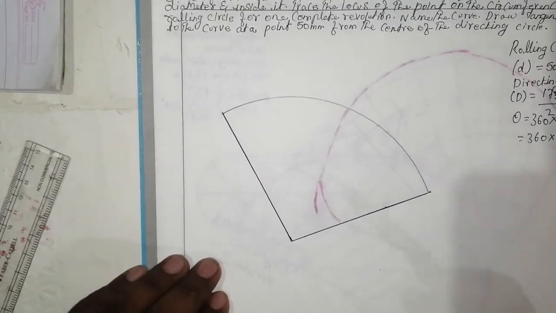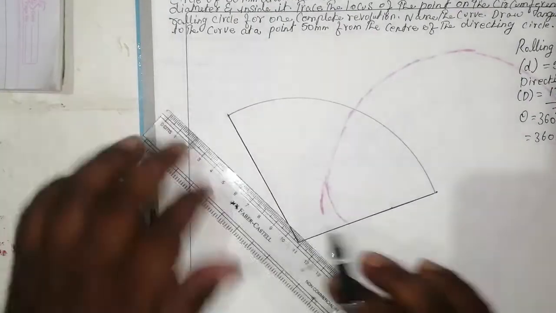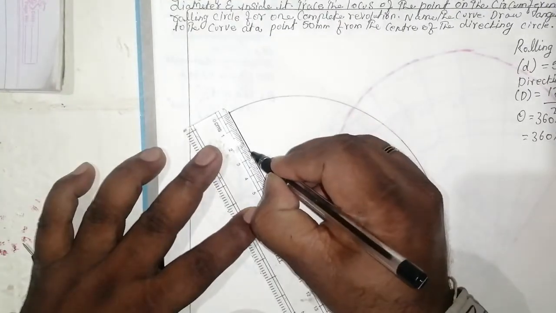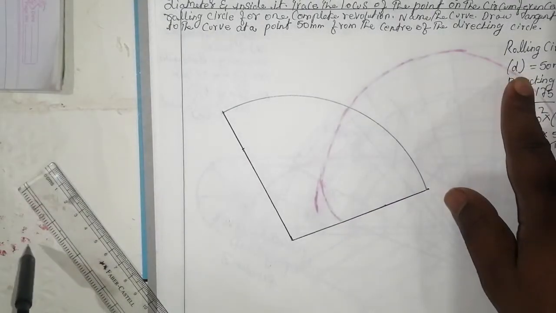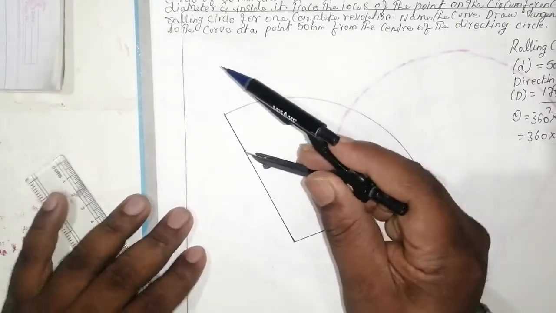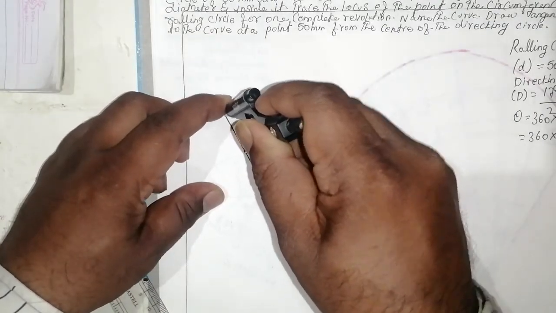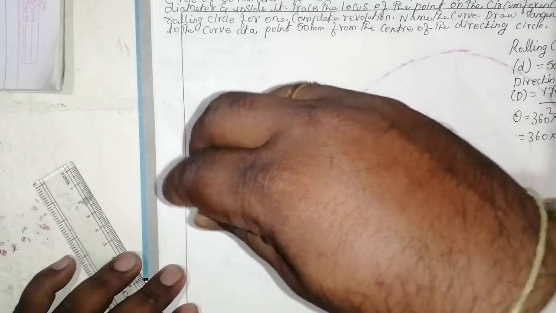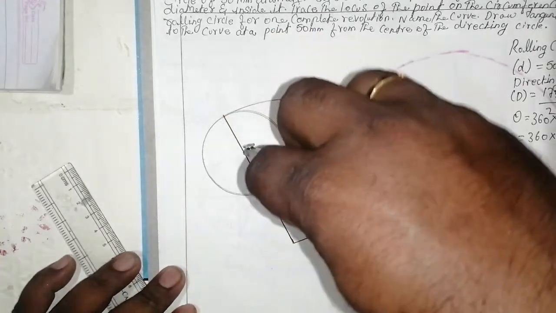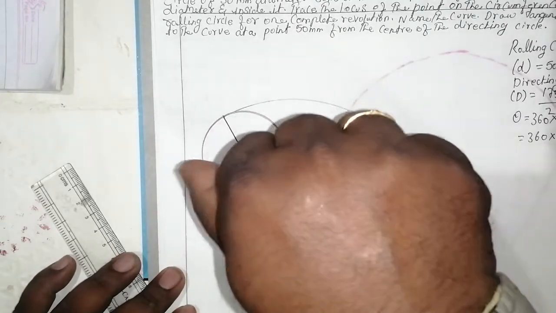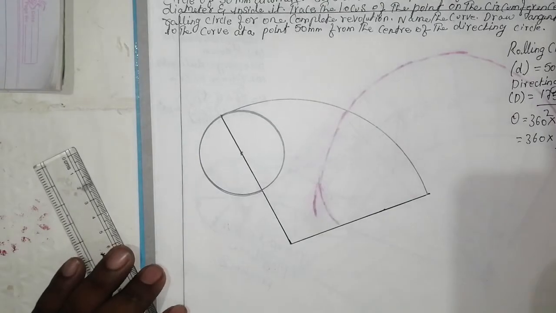After that, you should take 25 mm from inside. So 25 mm inside. Here they have given the small d as 50 mm. So I'll take from here, see, one circle like this. So the circle will come like this.